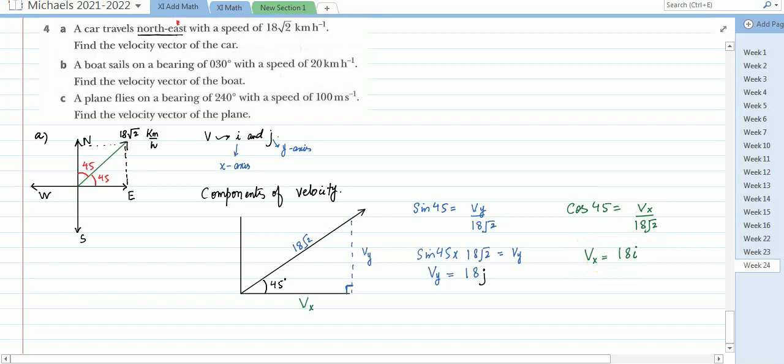Now the final answer: velocity is equal to 18i plus 18j, and since it's given in kilometers per hour, the answer will be in kilometers per hour as well. That is your first part answer.